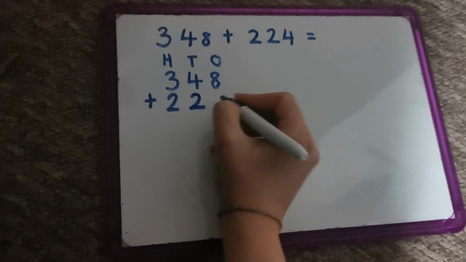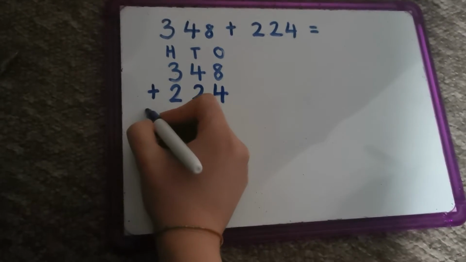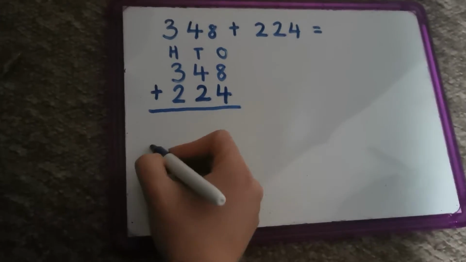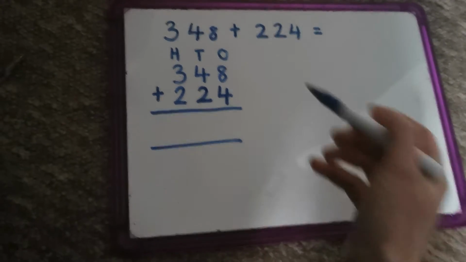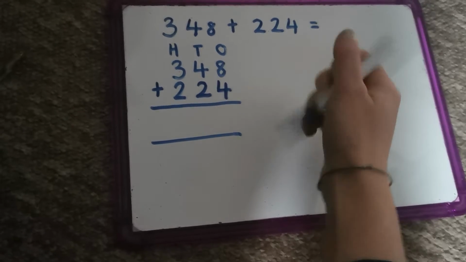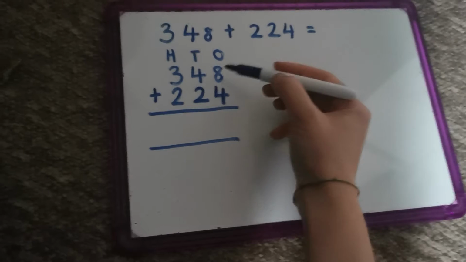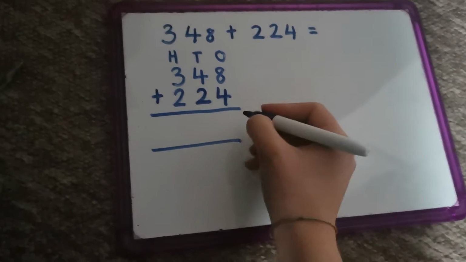2 hundreds, 2 tens, 4 ones. Now if you've got a ruler, please make sure you use one. Miss Hill's being a bit cheeky and not using one, sorry. So 8 add 4 is what we're going to do first, because when we're adding we always start with the ones. So 8 add 4 is 12.